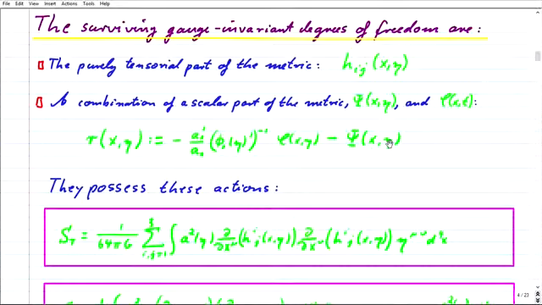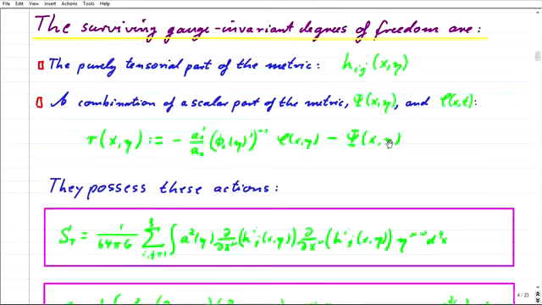And then we discussed that after using gauge invariance, after using the freedom to choose coordinate systems, we obtain just a few surviving gauge invariant degrees of freedom in all of this, and the rest of the degrees of freedom that we had in the metric and in the inflaton field are just expressing the freedom of choosing a coordinate system.